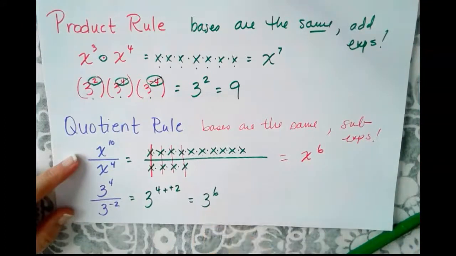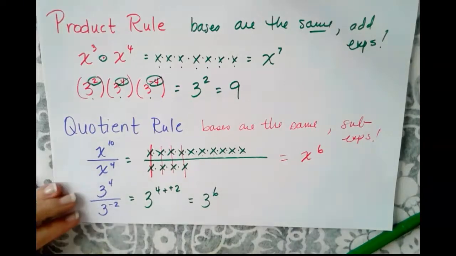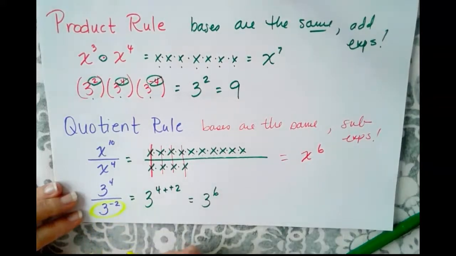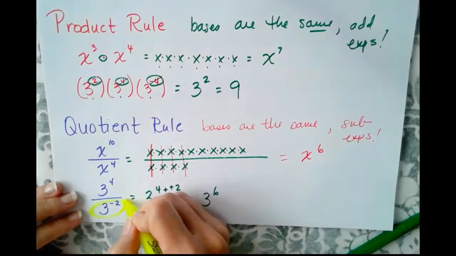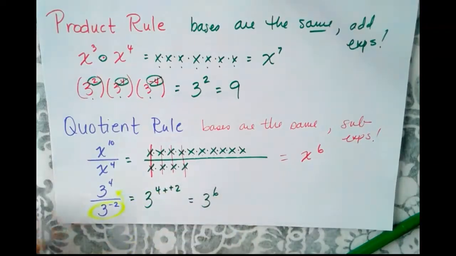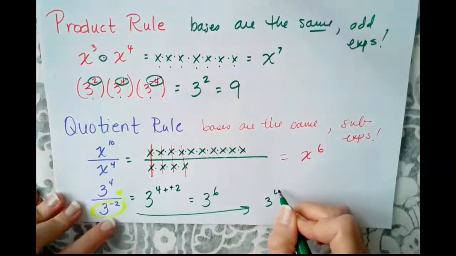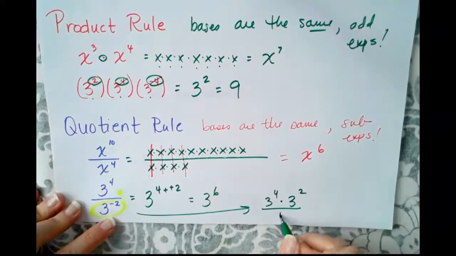So 3 to the 6th is a pretty large number, so we could just leave it as 3 to the 6th. Now, something else to point out here, and you learned this in Algebra 2, there's also another way that we could deal with that negative exponent. If a base has a negative exponent, we can reciprocate it to the top. So basically, 3 to the 4th times 3 to the positive 2 over 1.